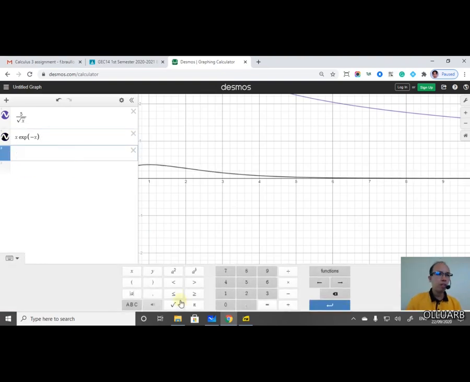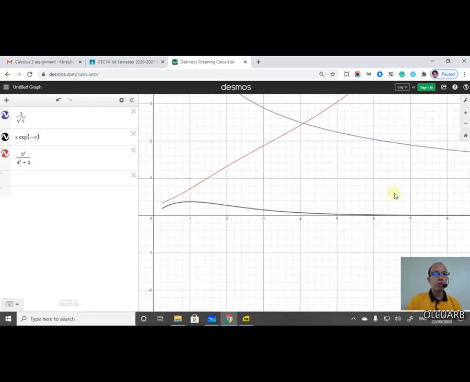So we have 5 to the x divided by 4 to the x plus 3. Okay, so enter the red one.